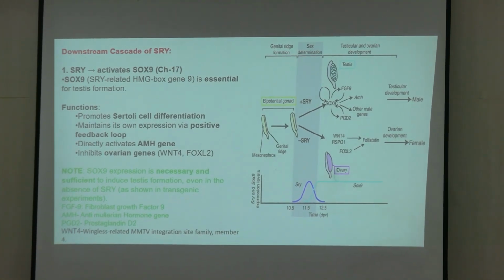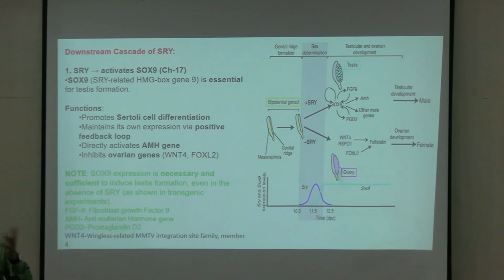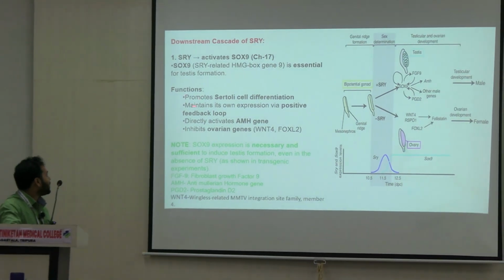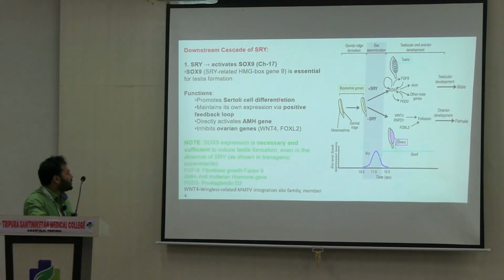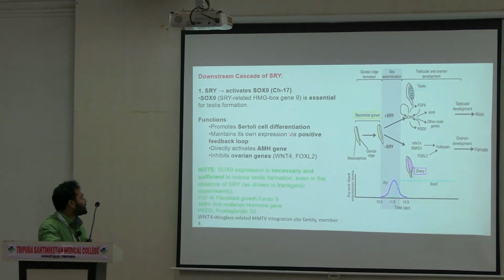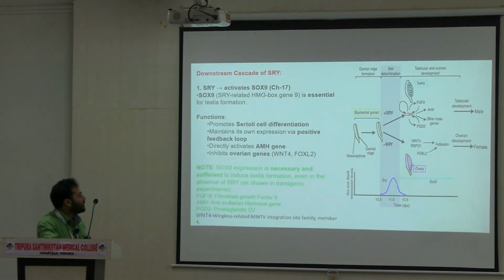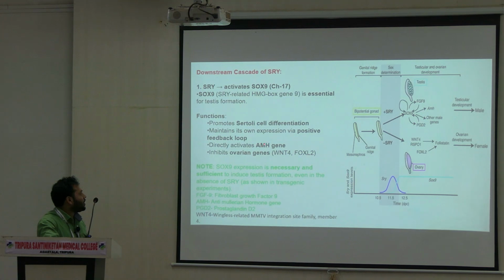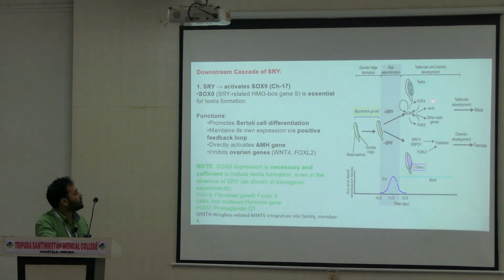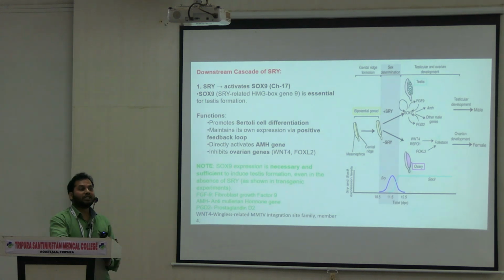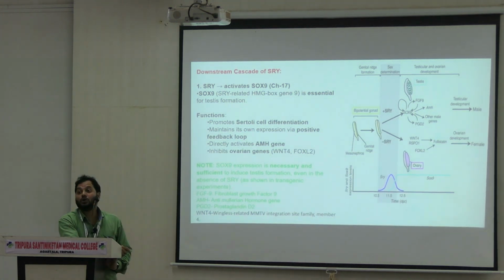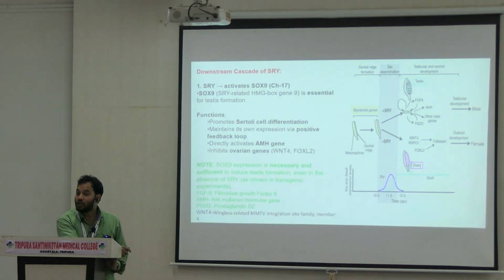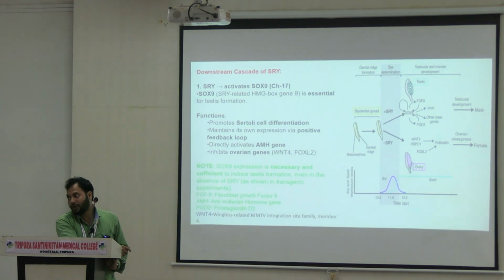Once SOX9 gets activated, it activates other signaling molecules. So what are they? First, it promotes cell differentiation and maintains its own expression by a positive feedback loop, and it directly activates the anti-Mullerian hormone gene. The activation of the anti-Mullerian hormone gene leads to the expression, or synthesis, of anti-Mullerian hormone, which is required for testicular development.